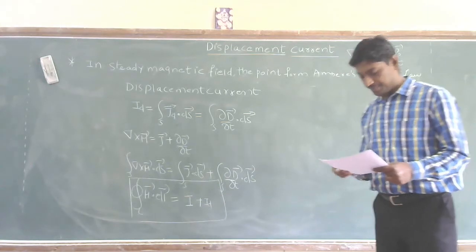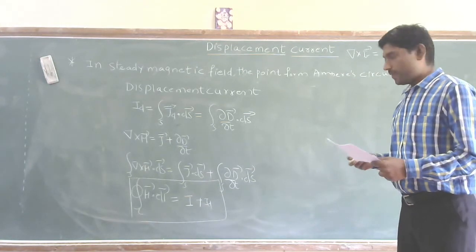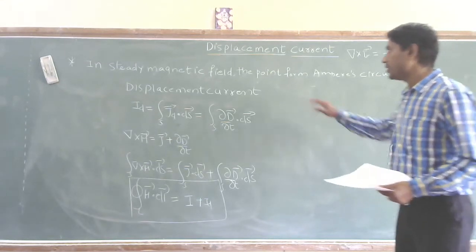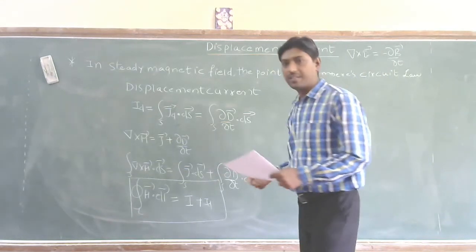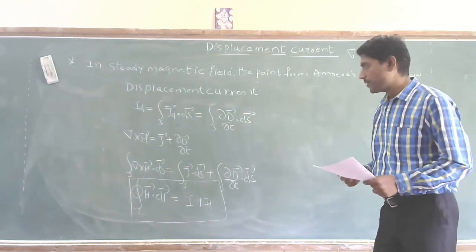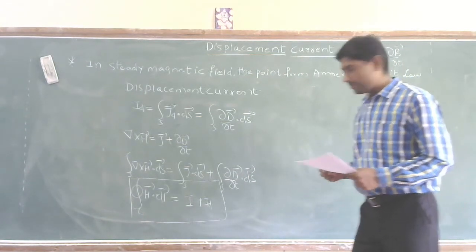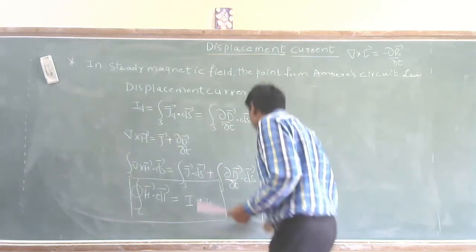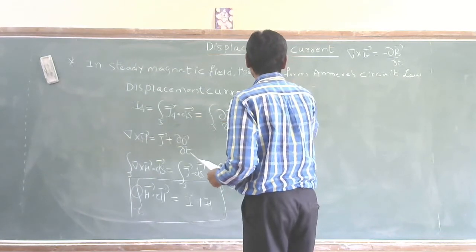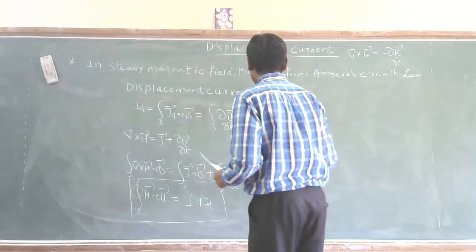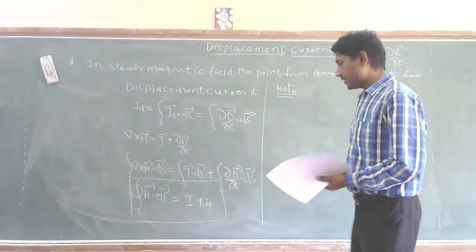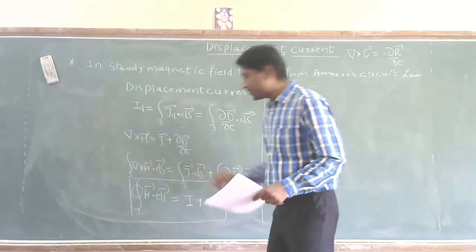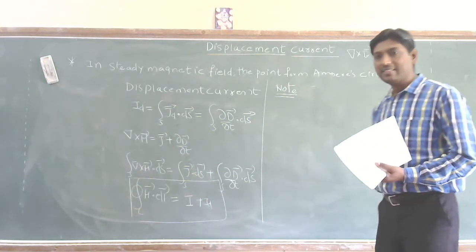So that's about the displacement current density and the displacement current. Now there is some important point we should really observe, that is a note. You could try to understand clearly this particular term J. That J is conduction current density.